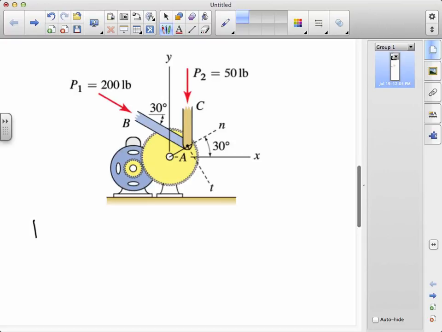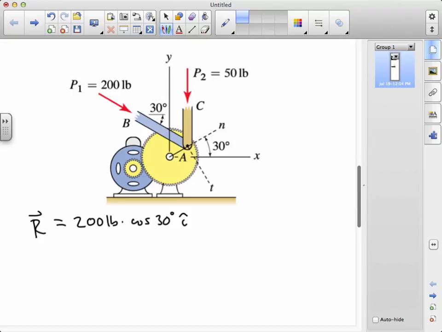We can write an expression for r as having, in the x direction, just a contribution from P1, and that's going to be 200 pounds cosine of 30 degrees along i.